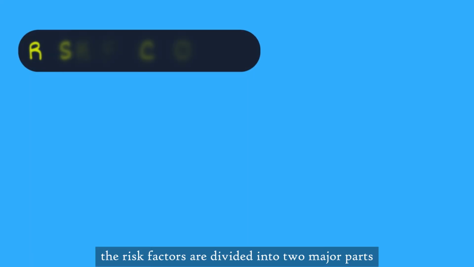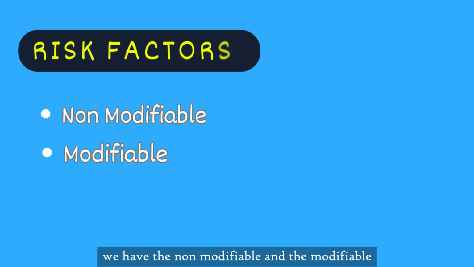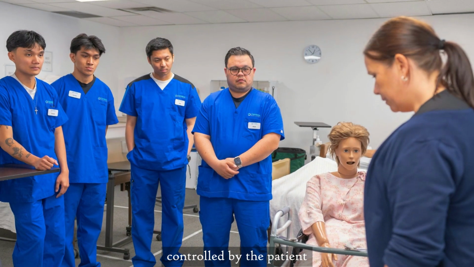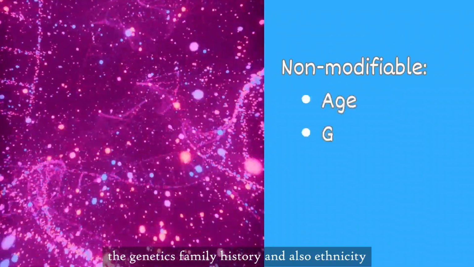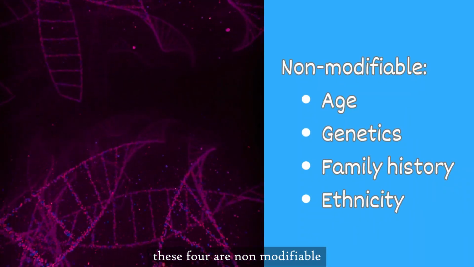Next, we have the risk factors. The risk factors are divided into 2 major parts. We have the non-modifiable and the modifiable. Non-modifiable are those that cannot be controlled by the patient or the nurses. We have age, genetics, family history, and also ethnicity. These 4 are non-modifiable.